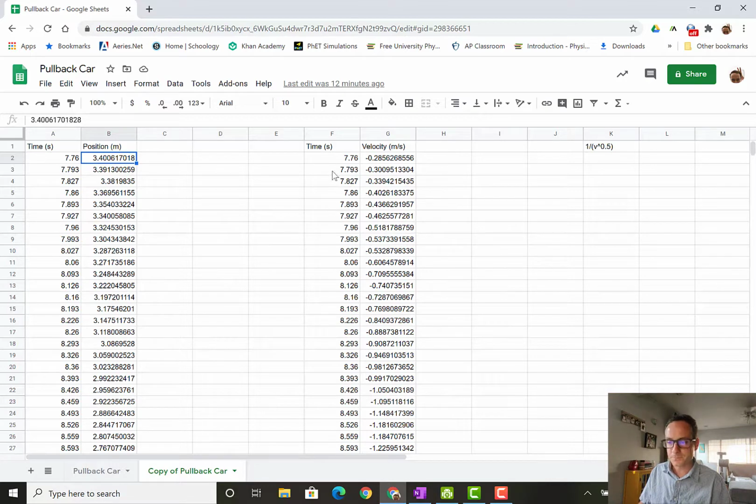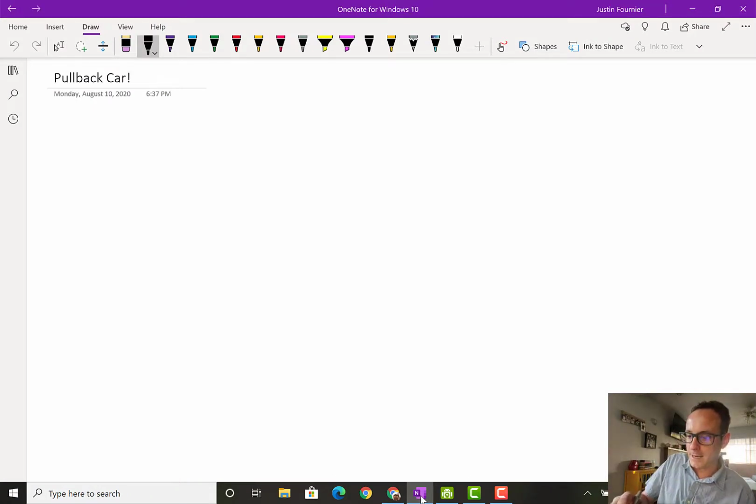All right, so we've got time and position here, time and velocity here. Before I get to graphing, I want to show you a little bit of how useful Google Sheets can be. Let's say for some random reason I wanted to make a new time.